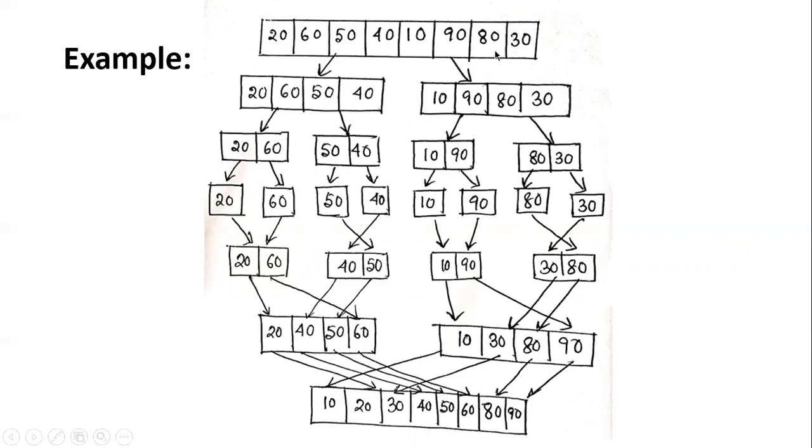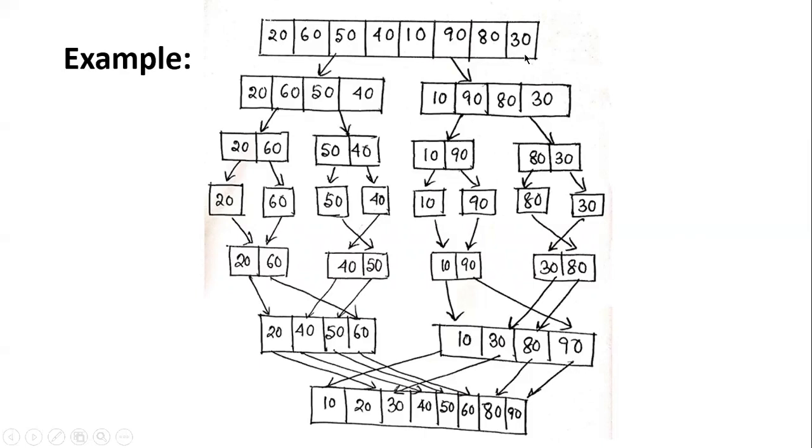So these are the 8 elements which are the content of this array. Let us suppose we have a particular array where the lower bound is 0 and the upper bound is 7. That means the lower bound is the index of this array, this index, and the upper bound is this index. So this index is 0 and this index is 7.